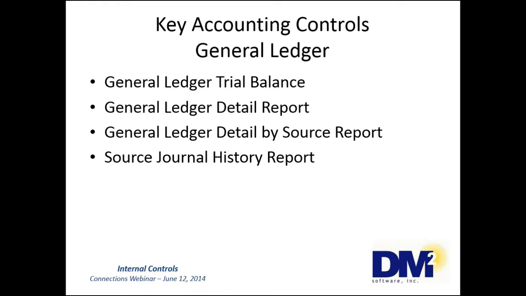The information on the report includes the source journal description, the source module from which the journal was updated, journal or register number, posting date, date of the update, the user who updated the journal, and the amount.